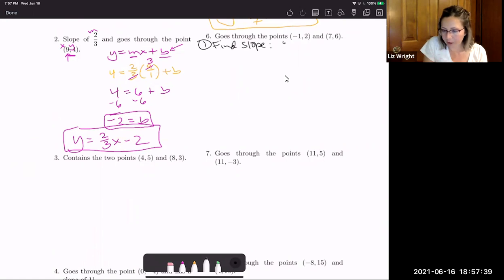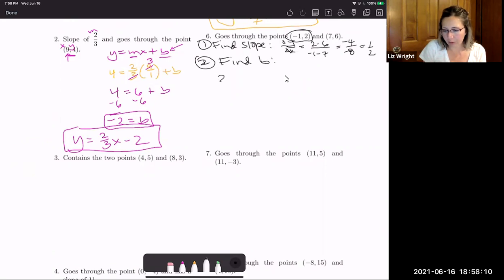If I'm doing change in y over change in x, I'm going to do 2 minus 6 all over -1 minus 7. That's going to give me -4 over -8, which is going to give me +1/2. And now it doesn't matter, you can plug in whichever one you want. I'm just going to take the first one. And so I'm going to do, here again, we're finding our y-intercept.